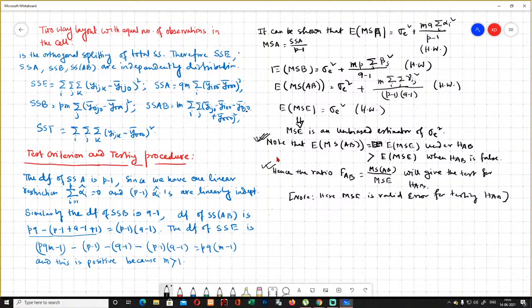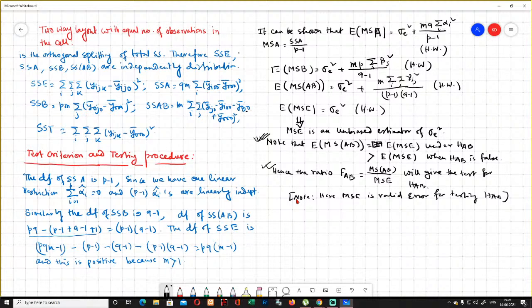That means if FAB is significant, that means HAB is rejected, then you should stop. Do not proceed further. If it is not rejected, that means FAB is insignificant, then you proceed further. That is the steps which I am going to discuss.